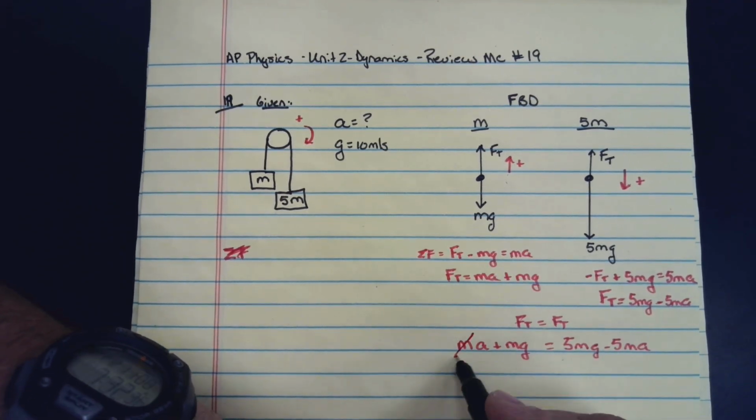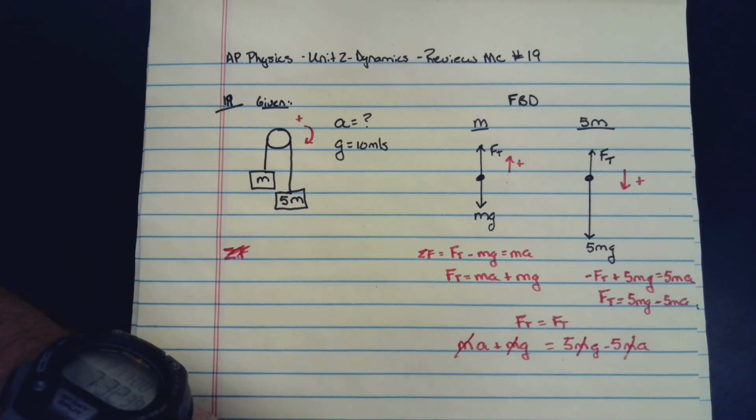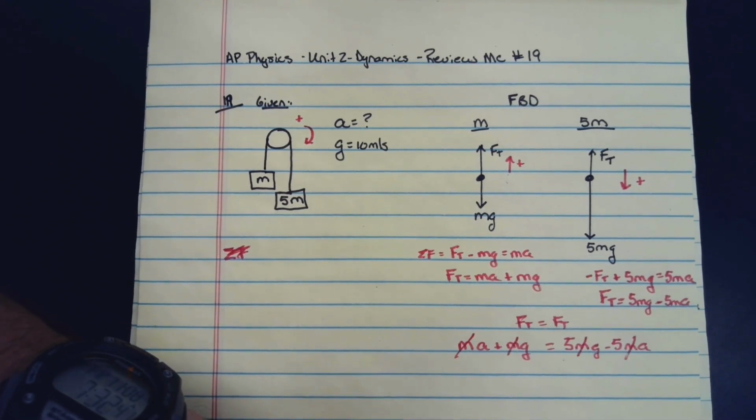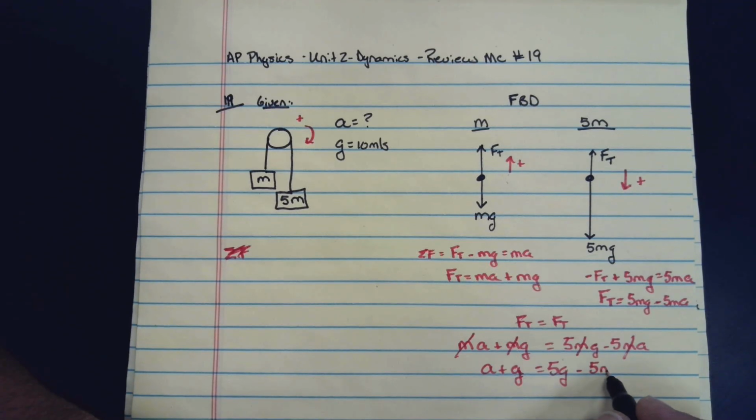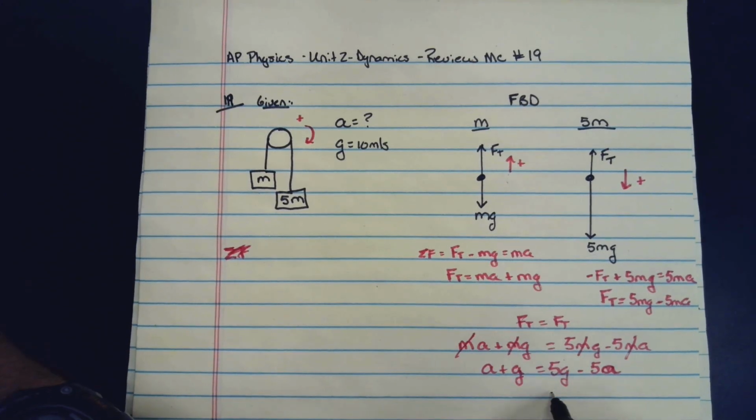I have mass in everybody, so I'm going to get rid of my masses. Love when things cancel out. So I now have acceleration and gravity, and when I bring things together, I'm going to have a negative 4 on this side for gravity and a negative 6 acceleration on this side.